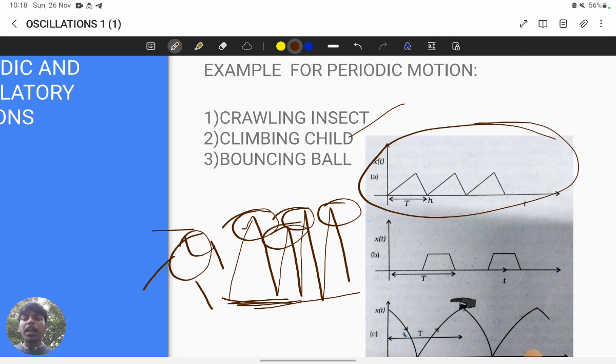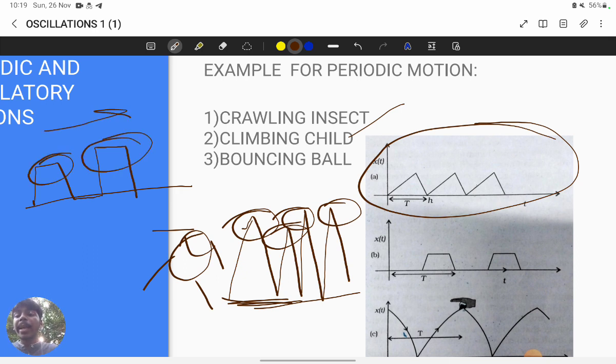Let me consider another example, a climbing child. This is the earth surface. The child climbs one step up, stays for some time, and comes down, waits for some time on the ground, and steps up again, waits a few seconds or minutes, and gets down. So here the motion is being repeated at regular intervals.